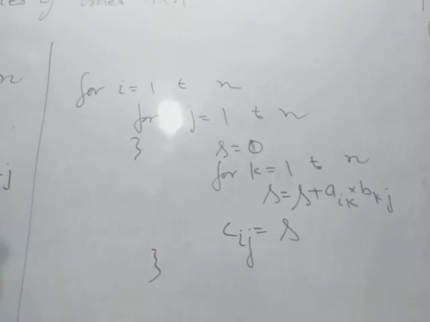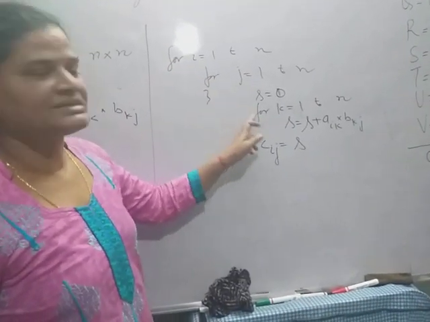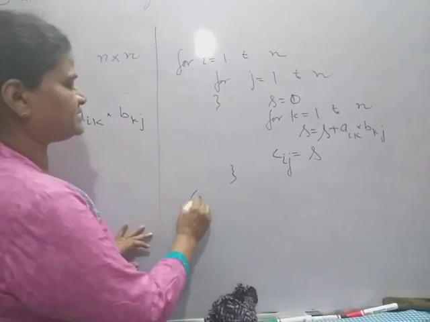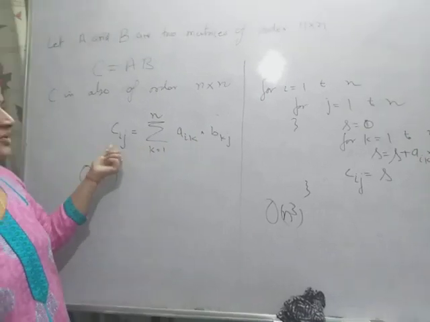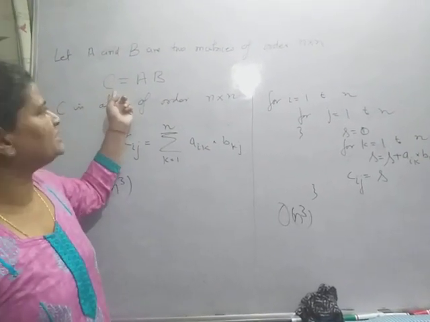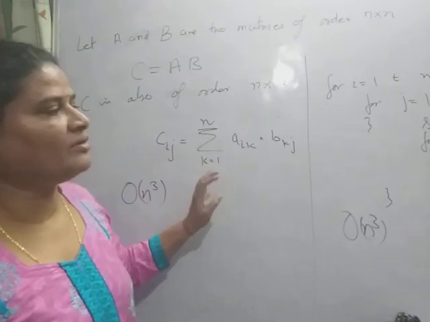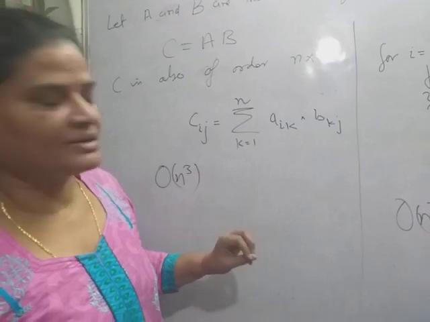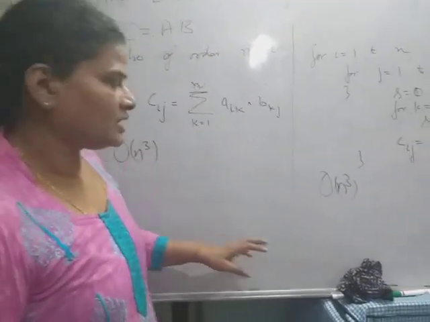This is a simple matrix multiplication, and as there are three nested loops involved, its complexity is order of n cube. Or you can directly see that for one entry, n multiplications are required, and in the C matrix there are n square entries, so n cube multiplications are required. So the complexity is order of n cube.